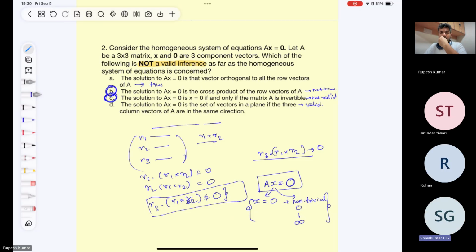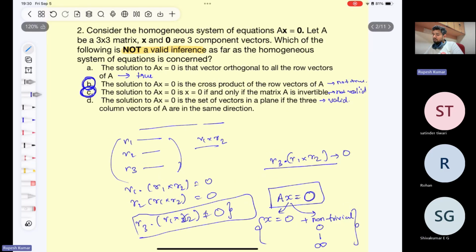Once matrix A is invertible, then the three vectors are linearly independent, correct? So there's no question of raising doubt regarding linear dependence. In that case, the "only" is not required, I think.